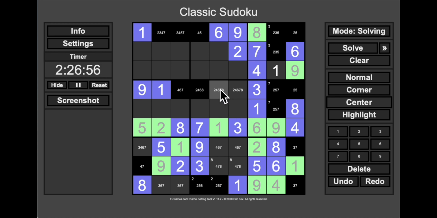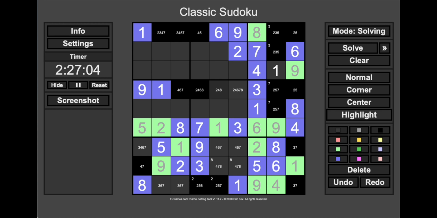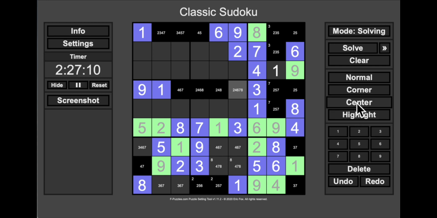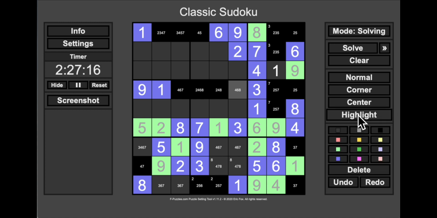This is not 6, but I think could still. No, it can't be 7 either. There's a 7 already in the box. This one, again, has a 7 in the box, a 2 in its column, but 4, 6, and 8 are still possible.